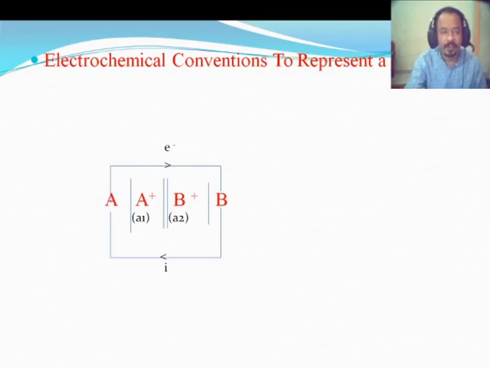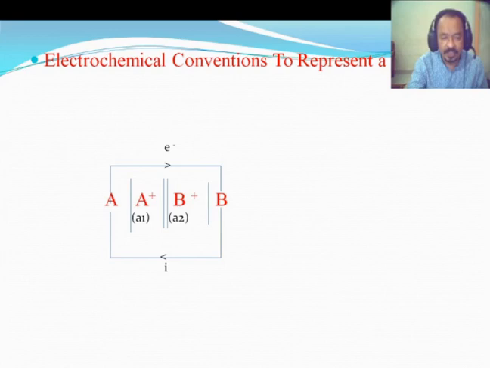Now the next point is electrochemical conventions to represent a cell. To represent a cell, we know there is an electrode which has a low reduction potential and one which has a high reduction potential.